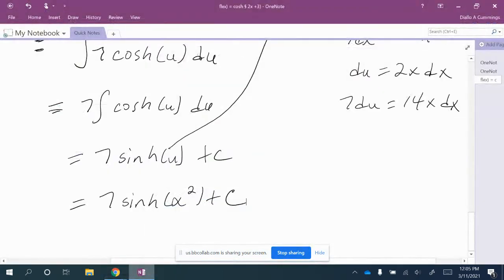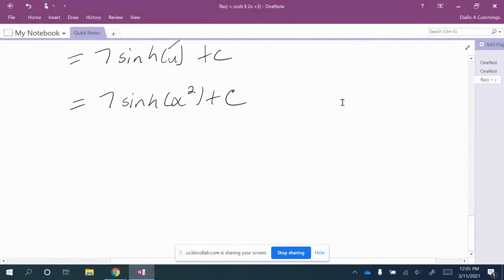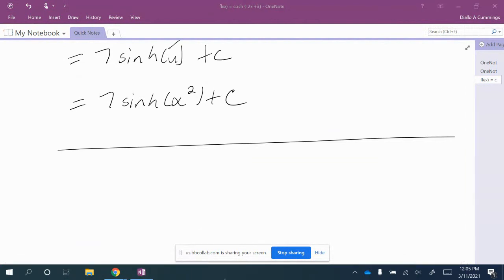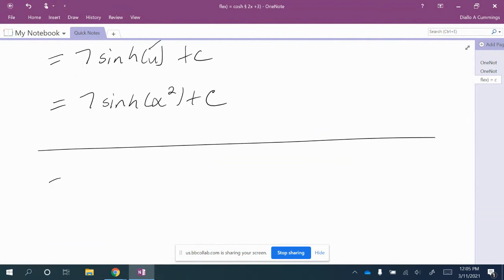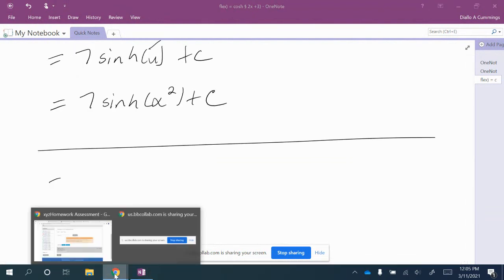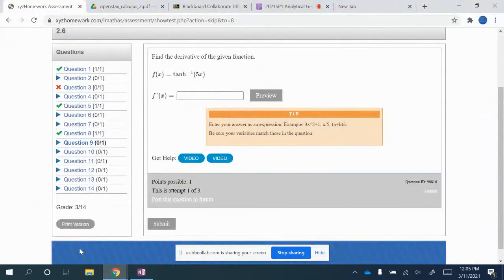So we have f of x, and again, this is problem number 9.